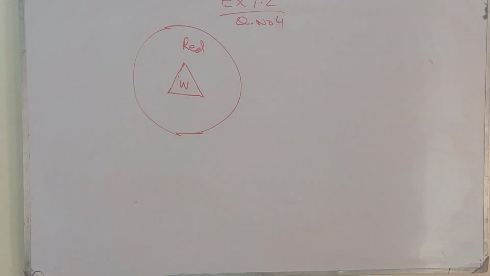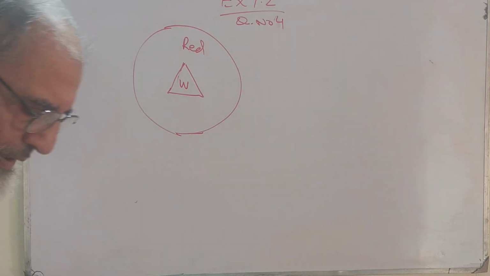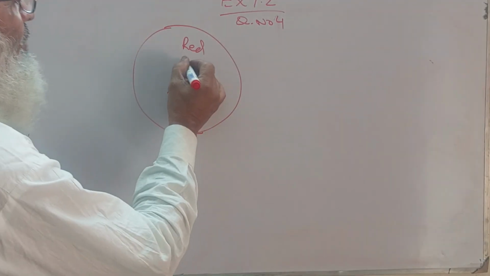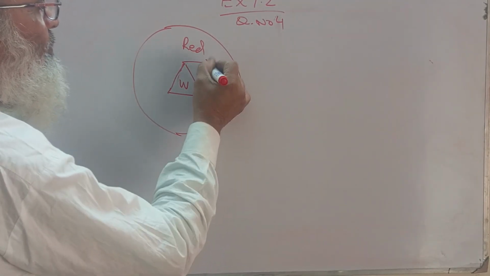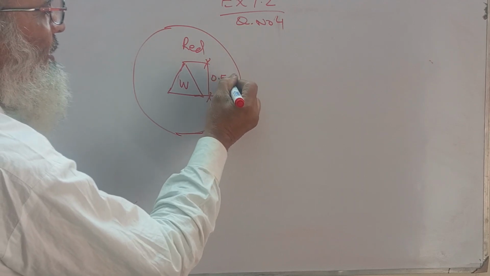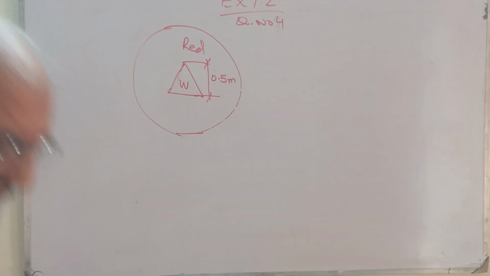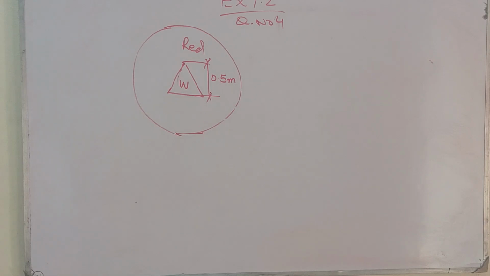Now this is a traffic sign. I don't know what kind of sign it is, but I am concerned with its dimensions. Now this dimension is given 0.5 meters.